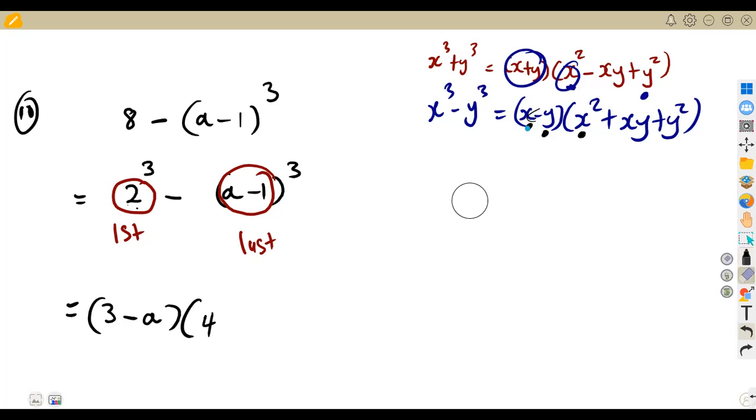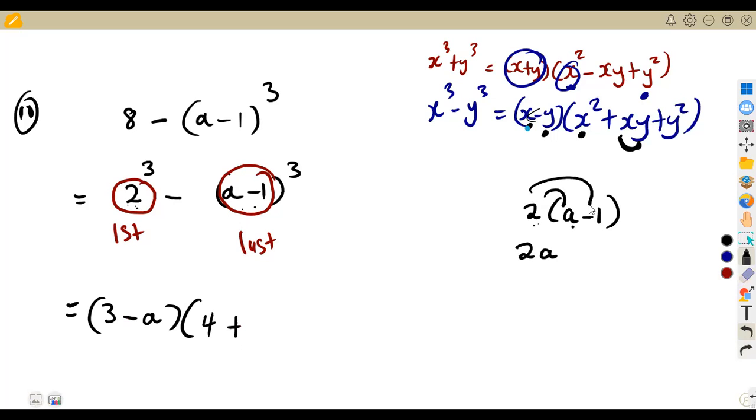Then we move on to the product of first and last, which is a plus here. Let us multiply 2, the first, into the last, which is a minus 1. So 2 times a is 2a, and 2 times minus 1 is minus 2. So it's plus 2a minus 2.